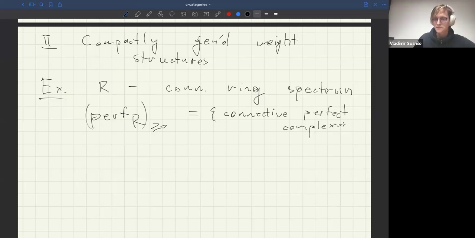A perfect module over R is, in particular, a spectrum with an action of R, and it's connective. This is what it means.